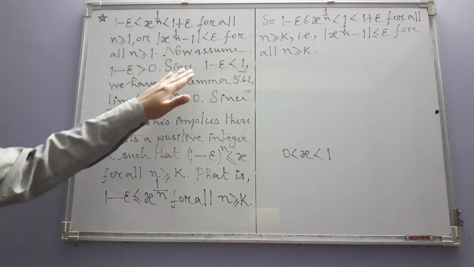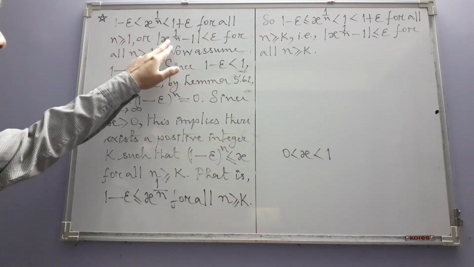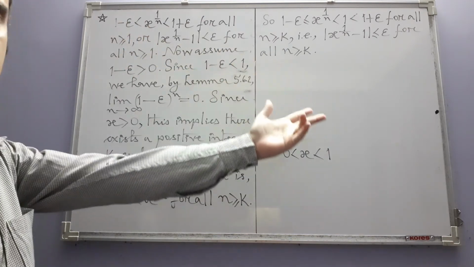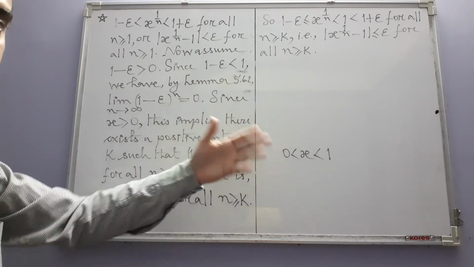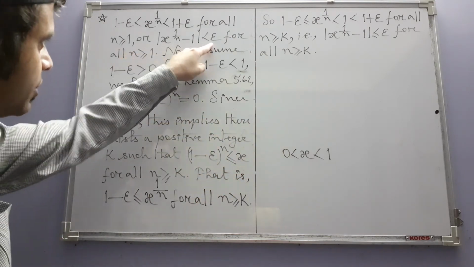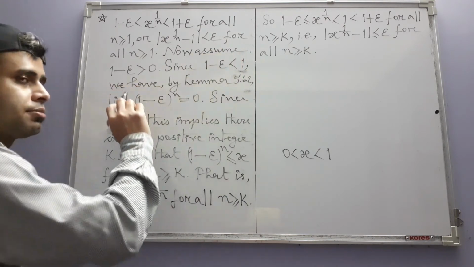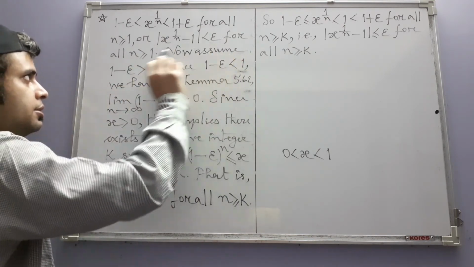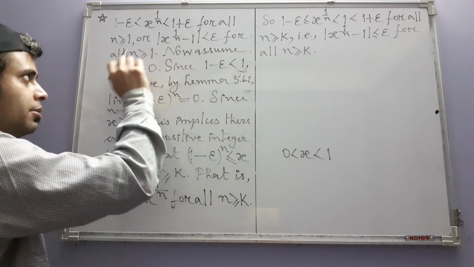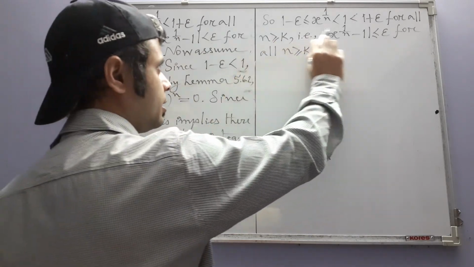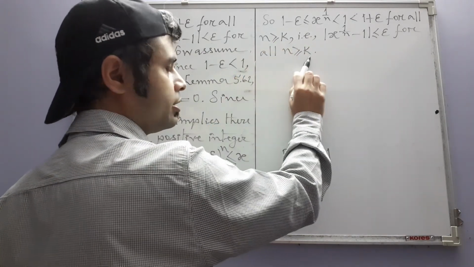Whether 1 minus epsilon is non-positive or positive, we have these inequalities. When 1 minus epsilon is less than or equal to 0, these inequalities are true for all indices n, and here they are true for all n greater than or equal to k.